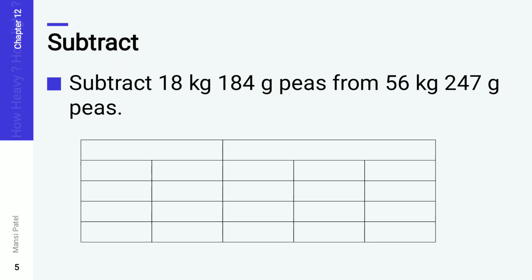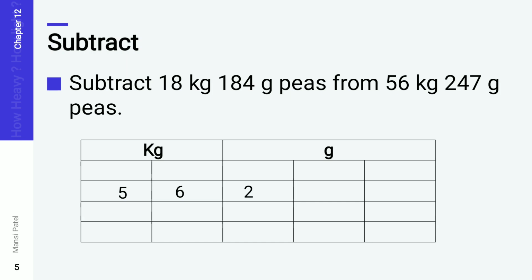So see here, what is the measurement they will write down after from? But before that, just give the heading of kilogram and gram. Now, after from, they were given 56 kilogram. So, this 56 kilogram is bigger than 18 kilogram. So, you have to write down first 56 kilogram. How many grams are there? 247 grams are there.